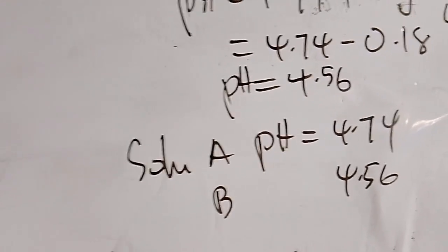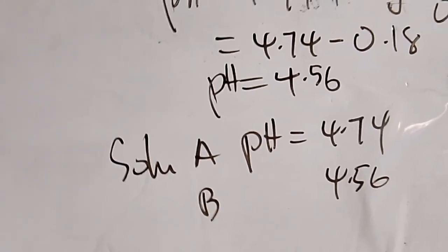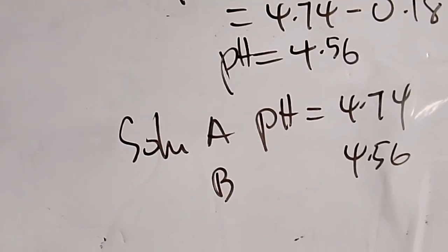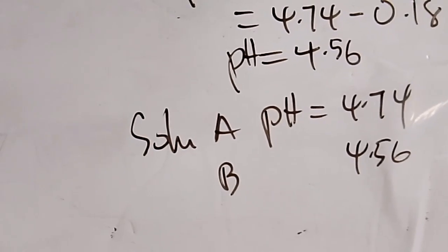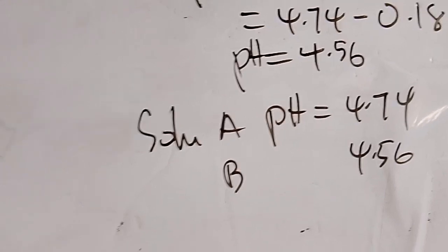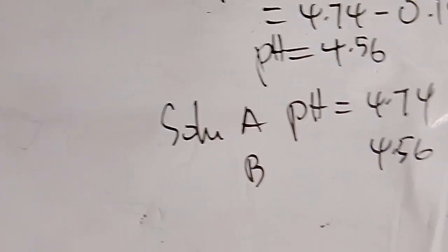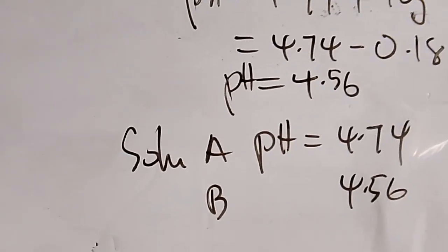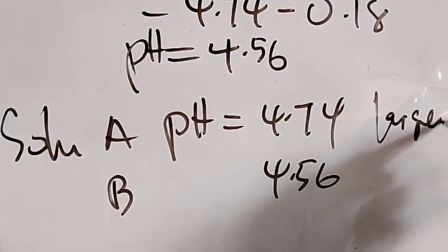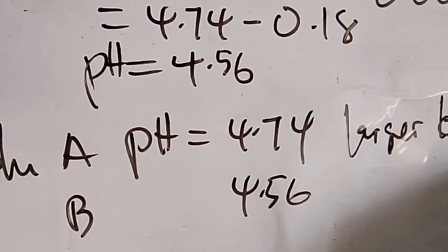Okay, so although the pH change for solution B is small, a change did occur, which is in contrast to solution A. So these results show that solution A, which contains much larger quantities of buffering components, has a higher buffering capacity than B. Okay, so now you can see solution A has a larger buffering capacity.